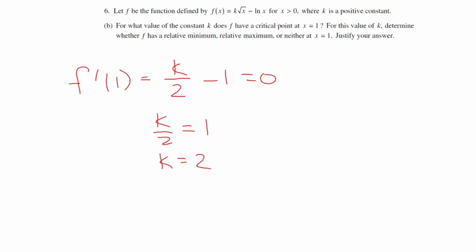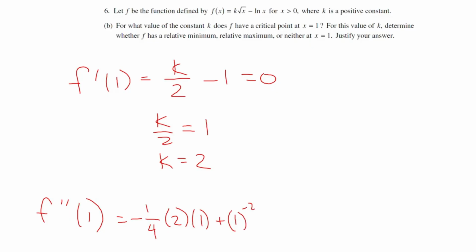And we know that we can also evaluate our second derivative here. This is a place where the derivative equals 0, so our second derivative at 1, whether it's positive or negative, should tell us if this is a max, a min, or neither. So our second derivative at 1, if we evaluate that, right, it was negative 1/4 of k, so negative 1/4 of 2, times x to the 3/2, so 1 to the 3/2 is just 1, and then it was plus x to the negative 2, so plus 1 to the negative 2, which is just 1.